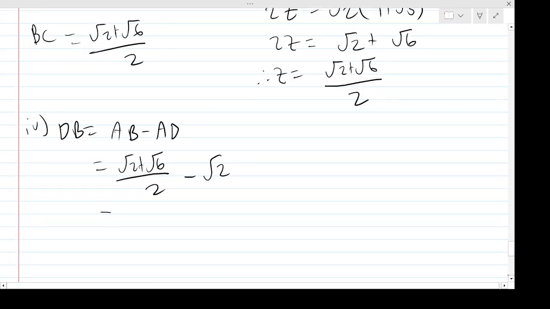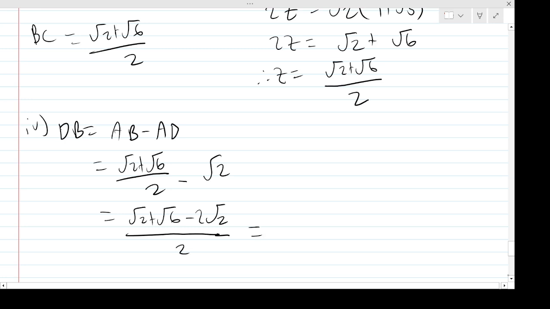So if we work all that out, well, we can combine it as one fraction, because we need a common denominator. So then we need this out of 2. So we need to get 2 root 2 over 2 then, right, to get a common denominator. And so there we are.